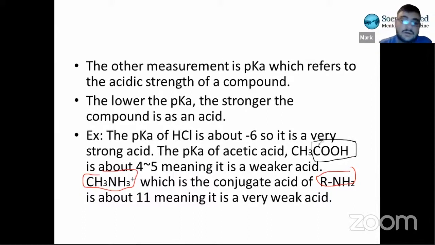And you'll actually have to memorize these pKas for when we talk about amino acids this Saturday, I believe. But we'll cover that more on Saturday. But you should know the pKa of this is about 4 to 5, and the pKa of this is about 11, right?